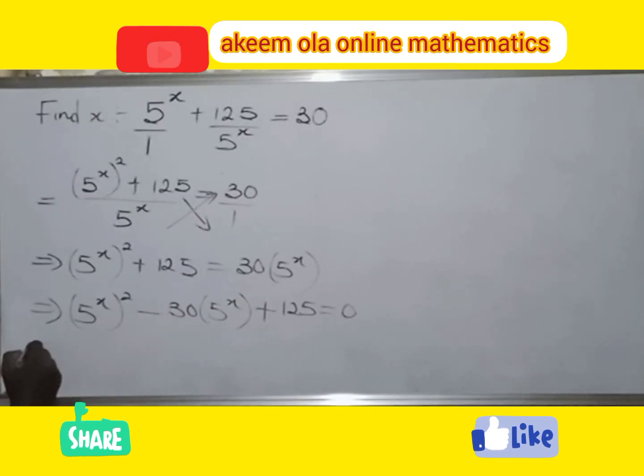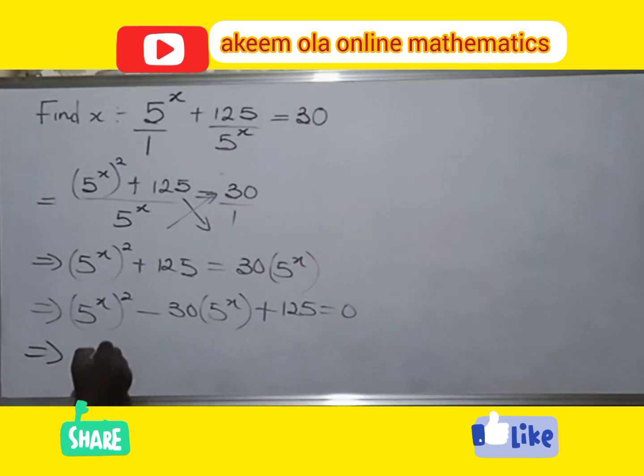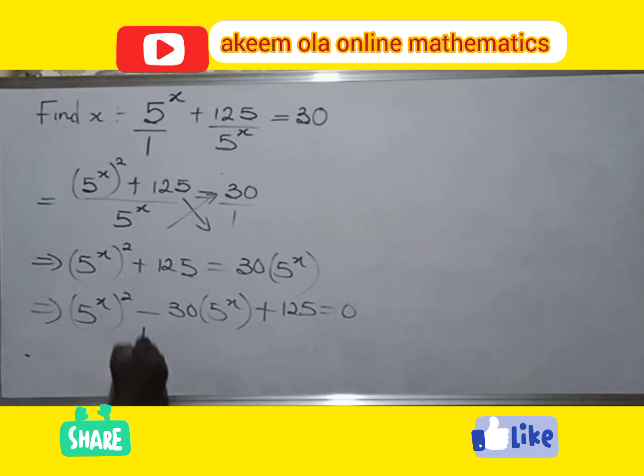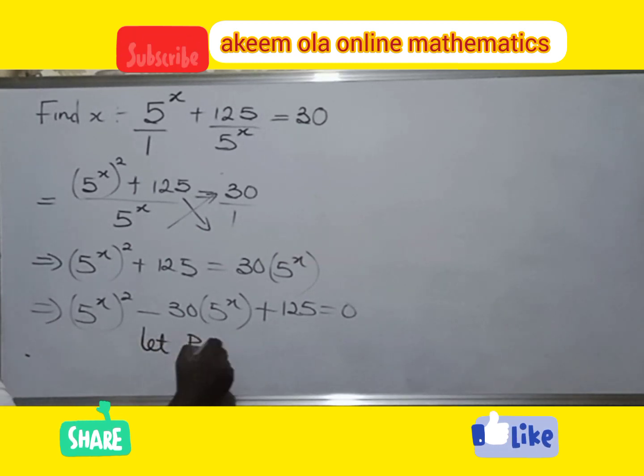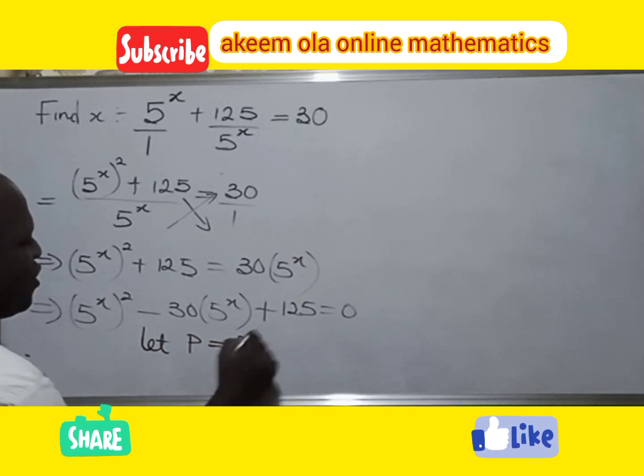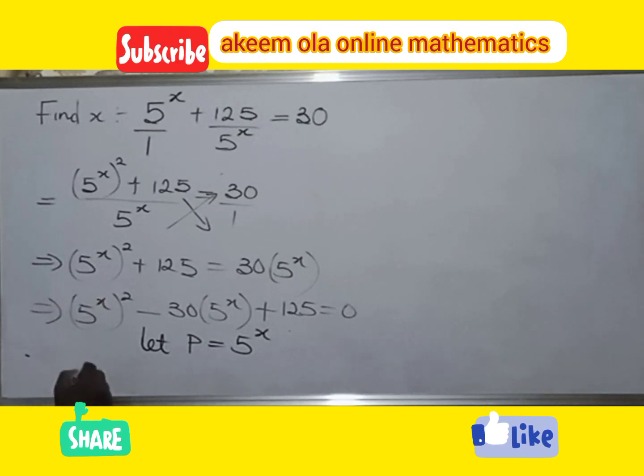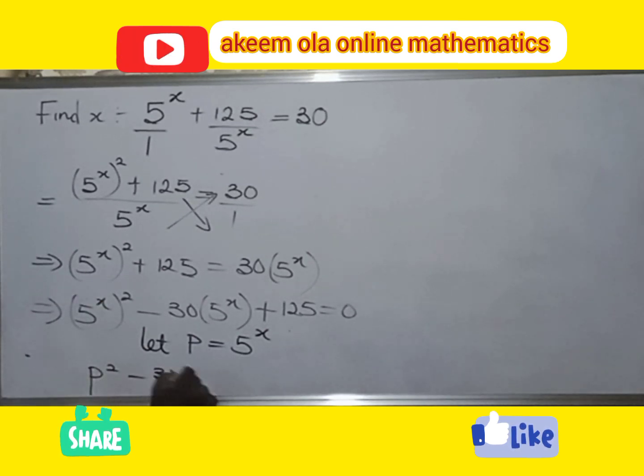Let p be equal to 5 raised to power x. So if I do that, I will have p squared minus 30p plus 125 is now equal to 0.